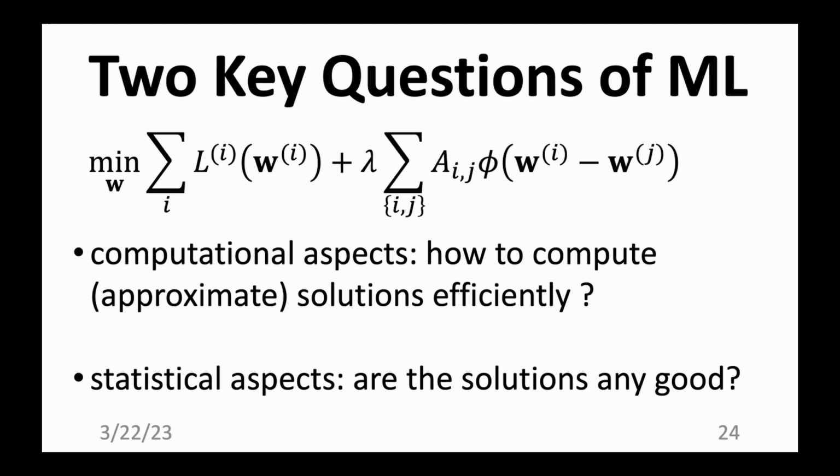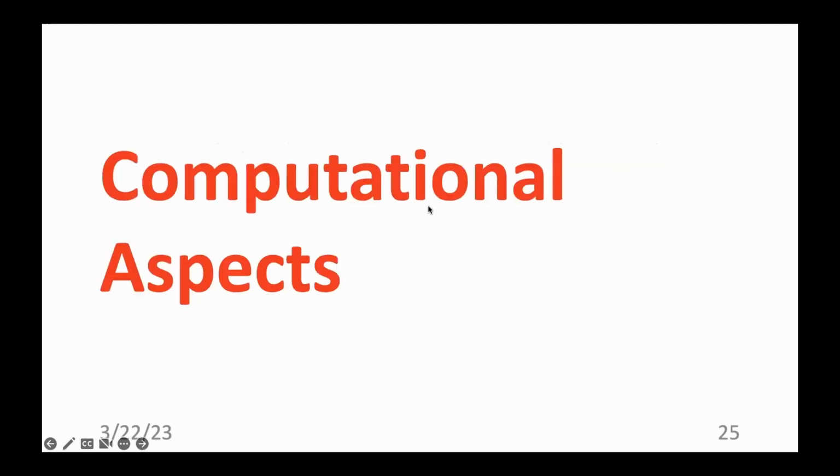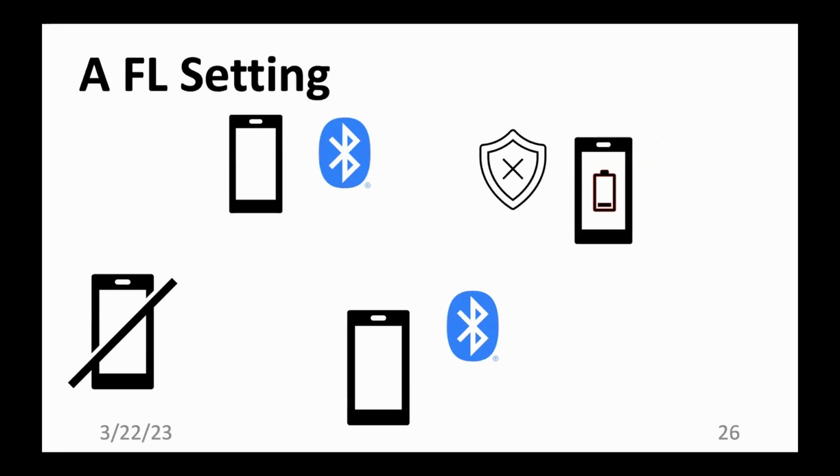So even if we manage to compute the solutions efficiently, do the solutions provide us with good model parameters? In particular, do they overfit or not? I will briefly sketch the computational aspects. We have to consider here federated learning applications that are implemented over networks with unreliable links and unreliable devices.